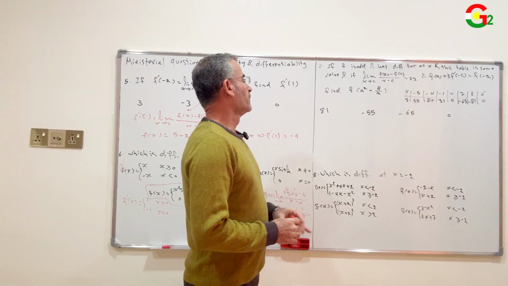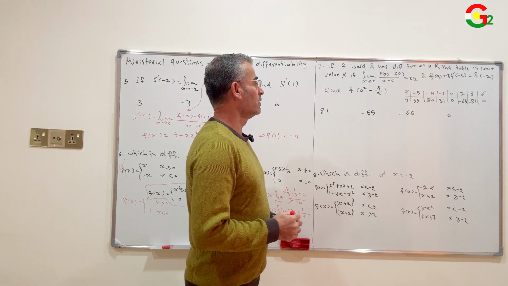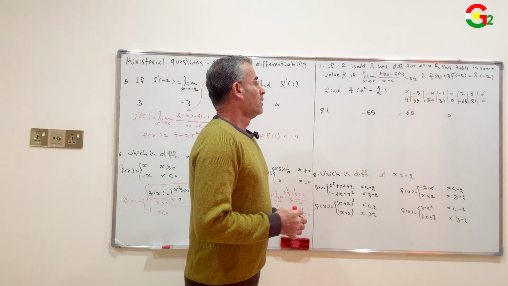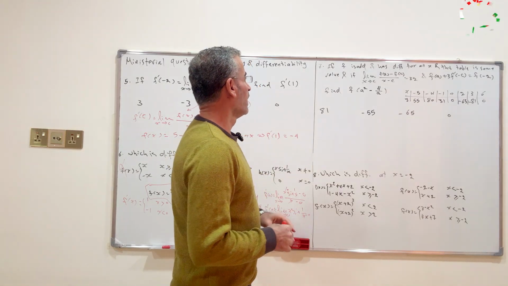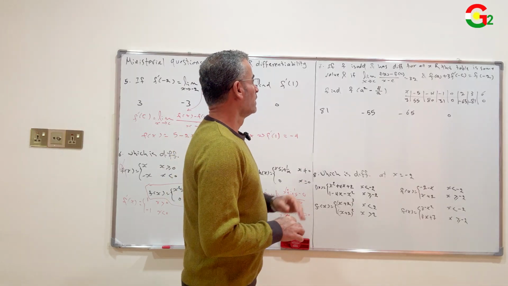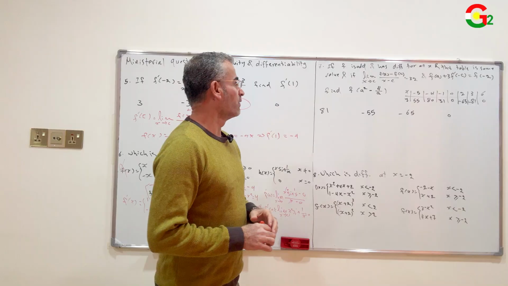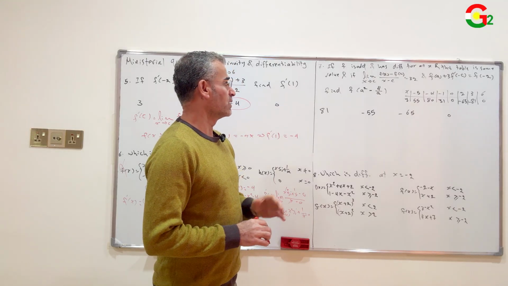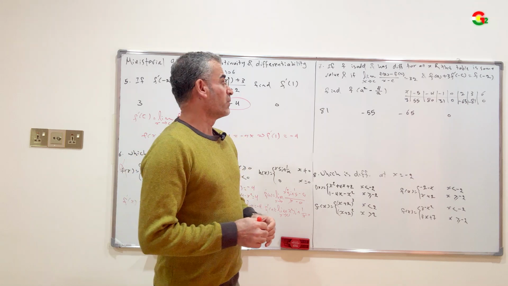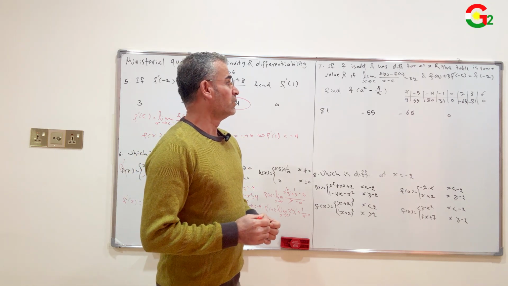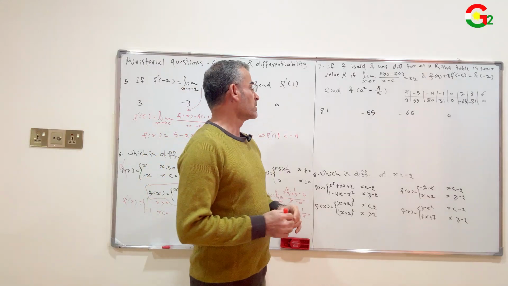Question number 7. If f is odd and differentiable for all x, and this table shows some values of the function f, if the limit as x approaches c of f of x minus f of c over x minus c equals 32, and f of a plus 3 times f prime of negative c equals f of negative 2, find f of a squared minus 4 over a.